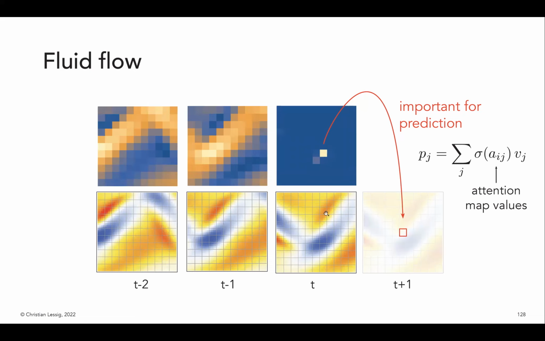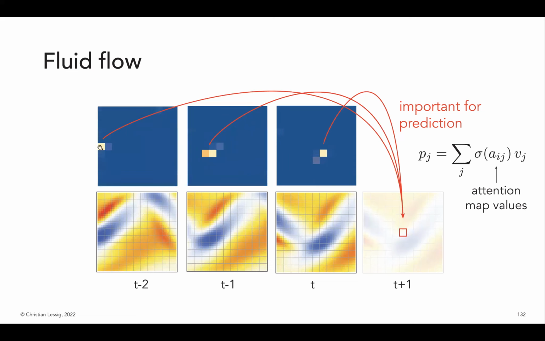And if you look down here, it's essentially the front that it seems to use to do the prediction. And if you look at the other attention maps, these are the attention maps from the past, it really seems to track the physical front and use this to do a prediction here. And that's something I find, from a physical point of view, kind of plausible. That's also something I would do myself.